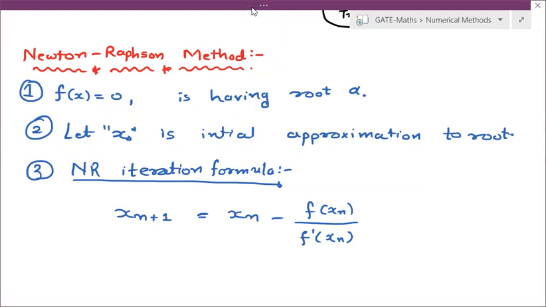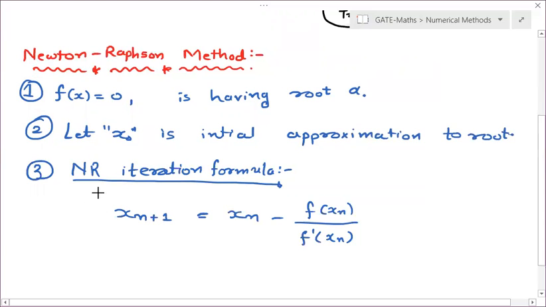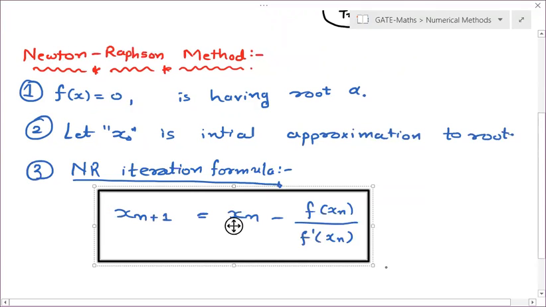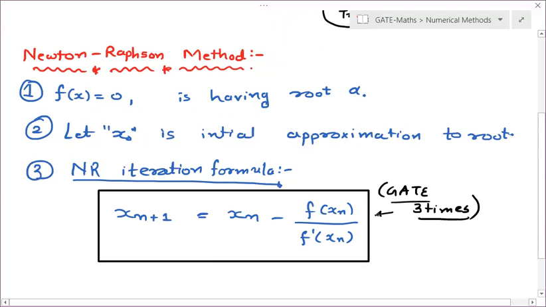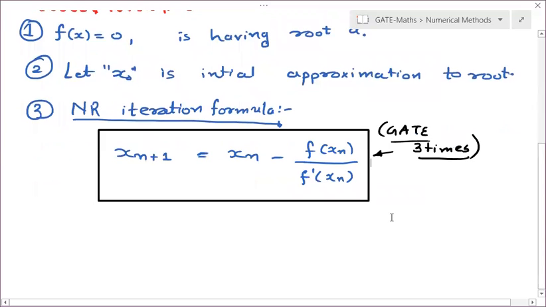So this is your Newton-Raphson formula, students. Only this formula was asked in GATE 3 times. Okay, I will show you those questions as well, how they have asked.